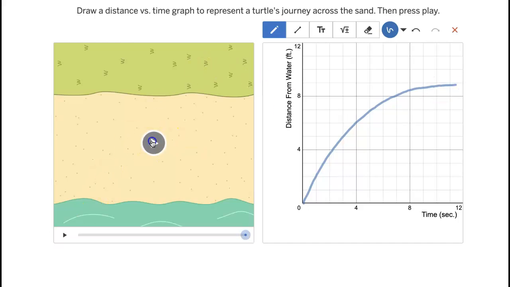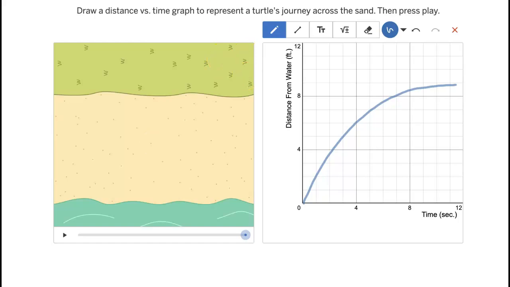Let's see. Keep observing. Very slow. So we've seen initially the turtle was moving, but the velocity is decreasing and decreasing. The motion goes slower and slower.